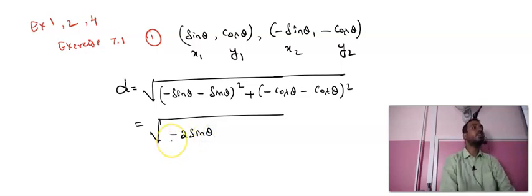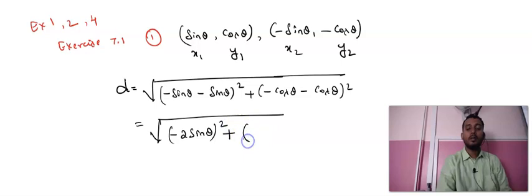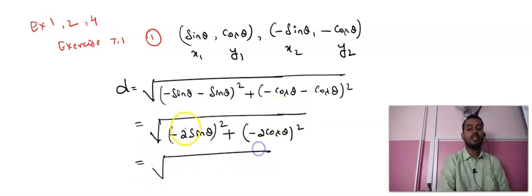Minus 1 will become minus 2. If both are minus, then we should add. Minus remains same. Minus 1 sin theta minus 1 sin theta is minus 2 sin theta, plus whole square, and minus 1 cos theta minus 1 cos theta is minus 2 cos theta whole square. Now as you can see, it is under the root.